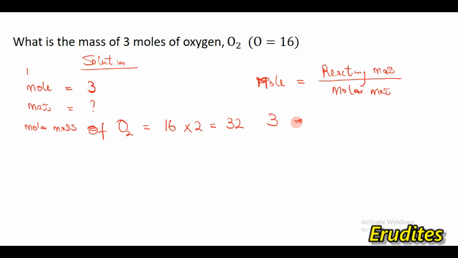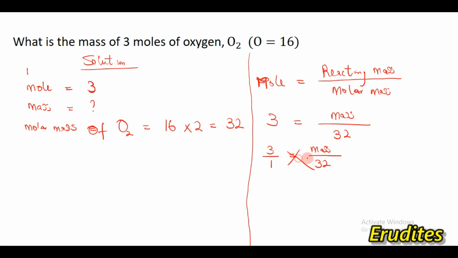So 3 is equal to the reacting mass over the molar mass. The molar mass of oxygen, O2, is 16 times 2, which is 32. So 3 over 1, which is still 3, is equal to the mass over 32.